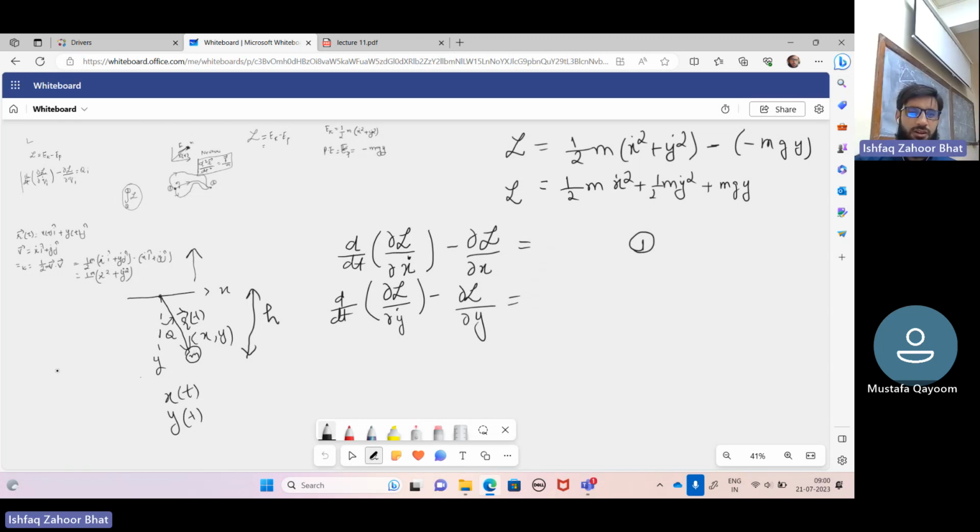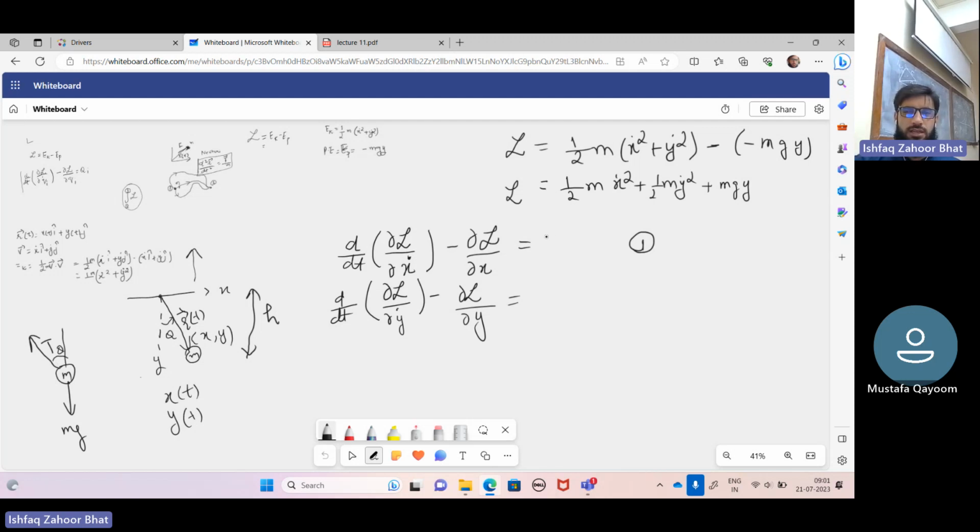So basically, if we draw the free body diagram for this mass, we have mg, which is the gravitational force acting downwards, and then there is tension also. This mg is a conservative force, so we will not take it here, but there is this tension, and we are assuming this angle theta, so this will also be theta.